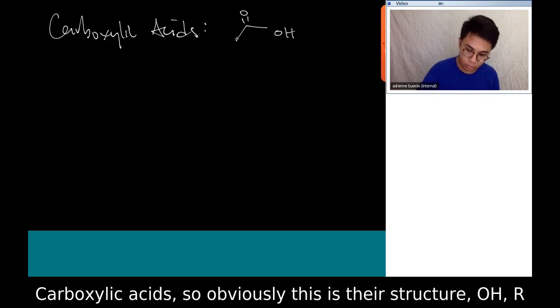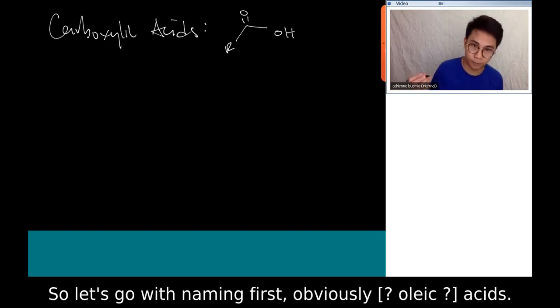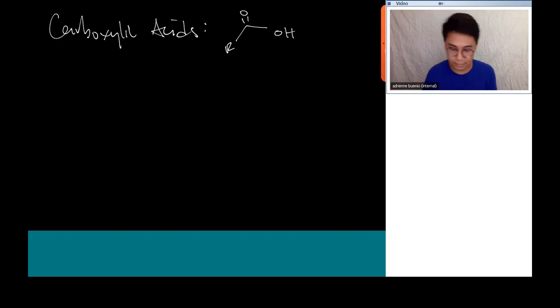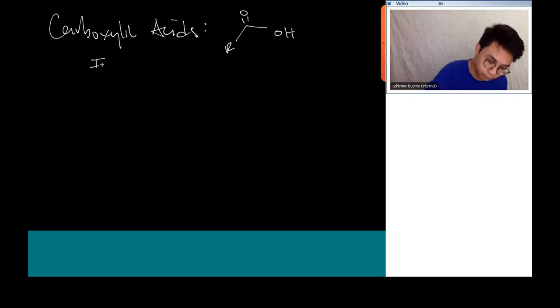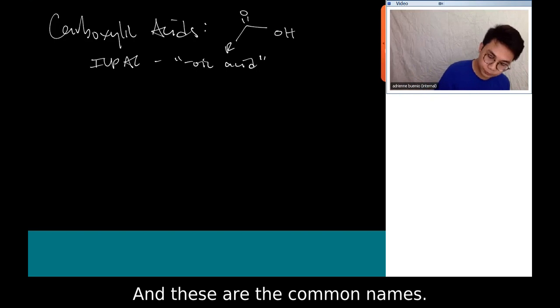OH, R group. And then we have the IUPAC, so let's go with naming first. Obviously oic acids. And these are the common names.